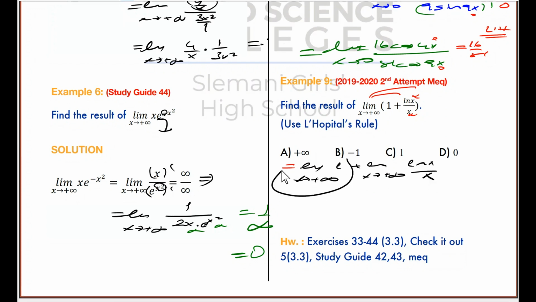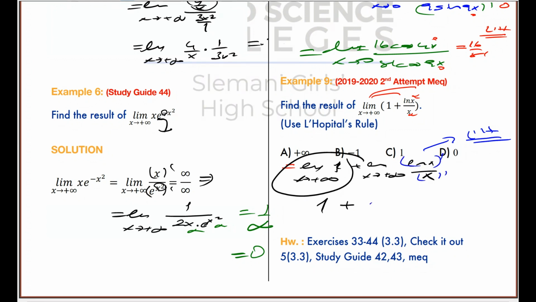Now this one will be 1. Remember the constant limit rule. Whenever the function is constant, no matter what the x value is, the result is that constant, 1, plus this one, which gives you infinity over infinity. So we use L'Hopital's for this function.